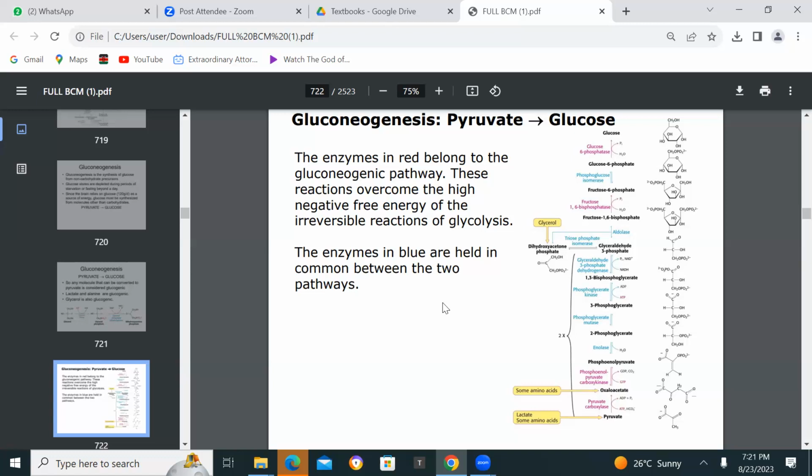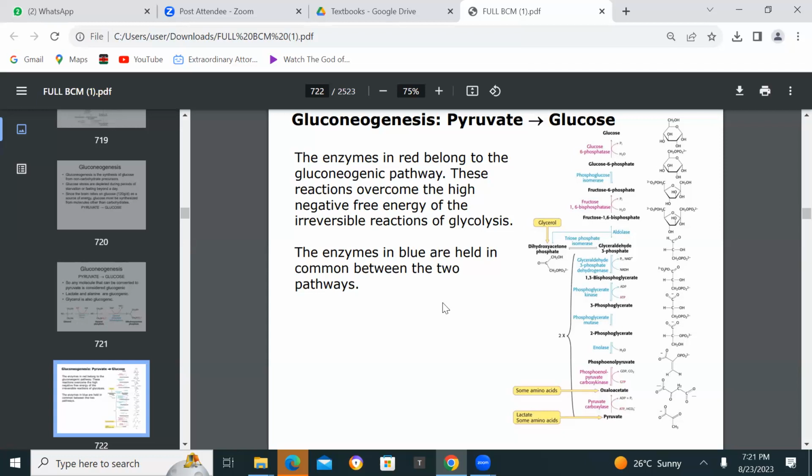In gluconeogenesis, it's basically just converting pyruvate back to glucose. That's what we'll be looking at now. Pyruvate, which is what starts our process here, can come from a few places.